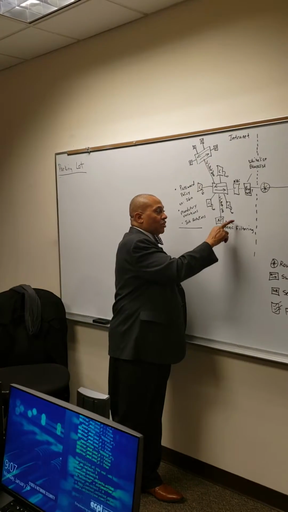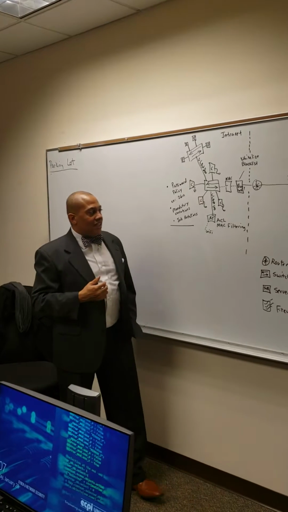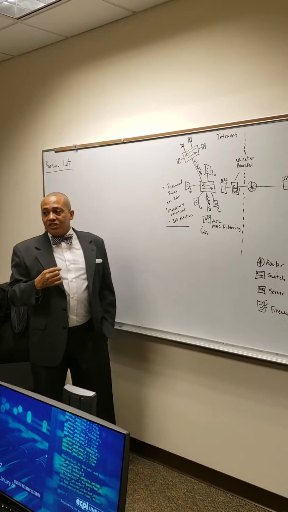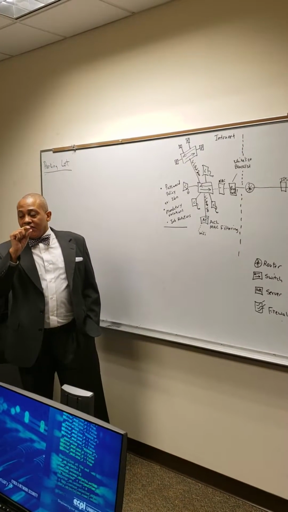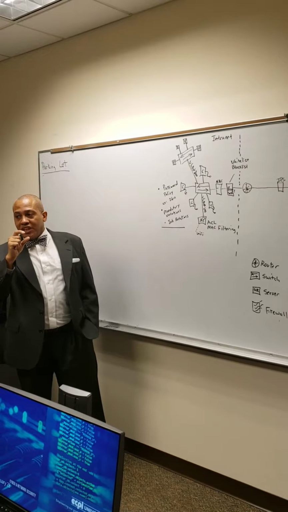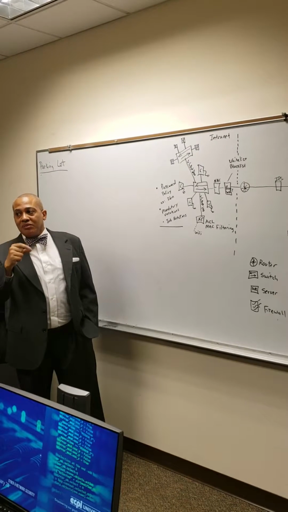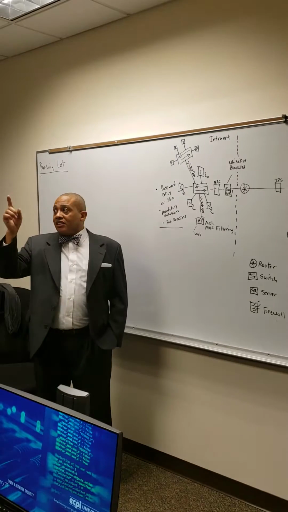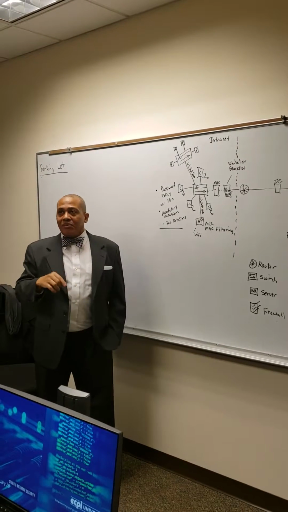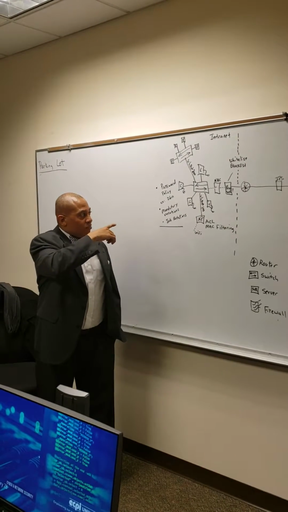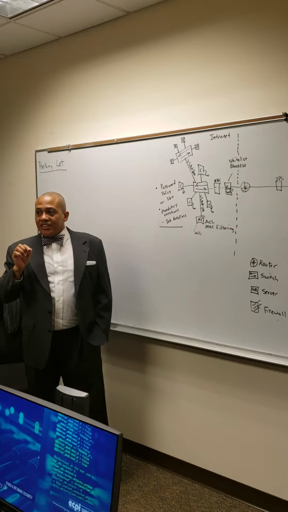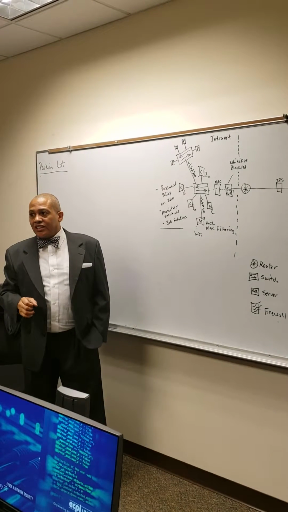The next thing that works hand in hand with access control list is MAC filtering. MAC filtering does the same thing, except if you don't match that MAC address, then you're not permitted to come in. So throughout this building, let's say the ECPI building, they have multiple access points, APs. Each access point could be assigned to a classroom.